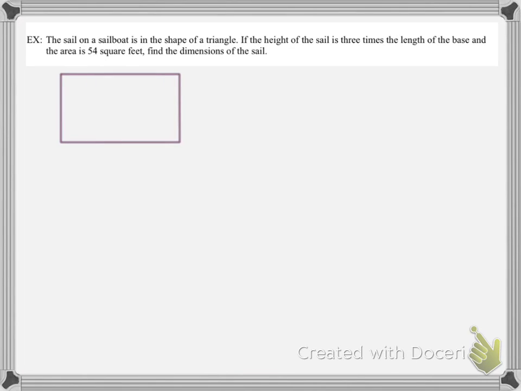So if this is base and height, to get the area of this triangle, you do base times height and then take half of it. So area equals 1/2 times base times height.